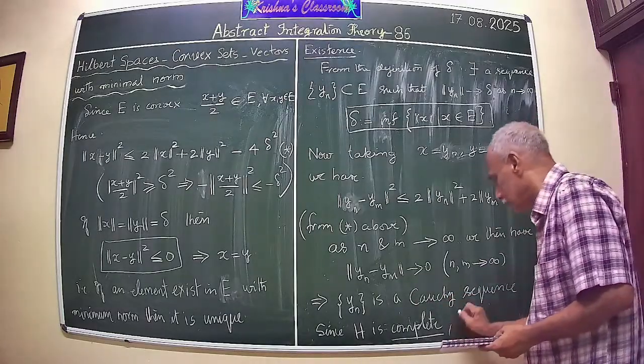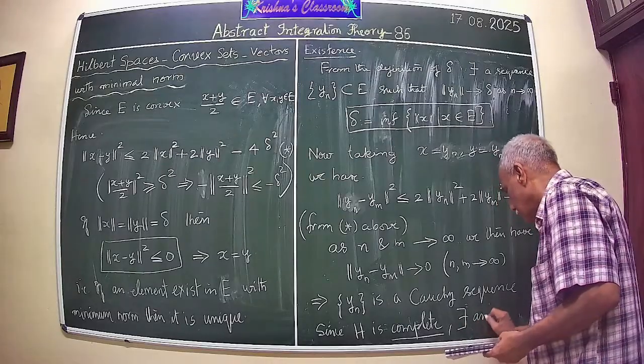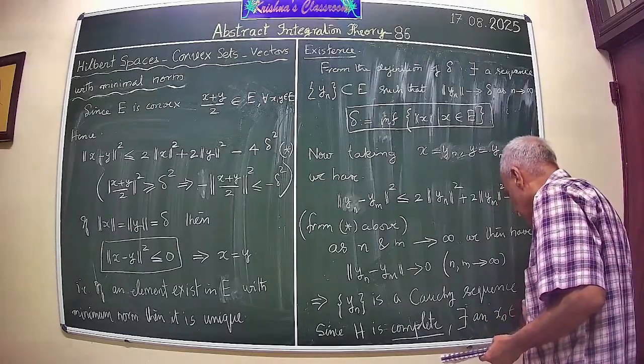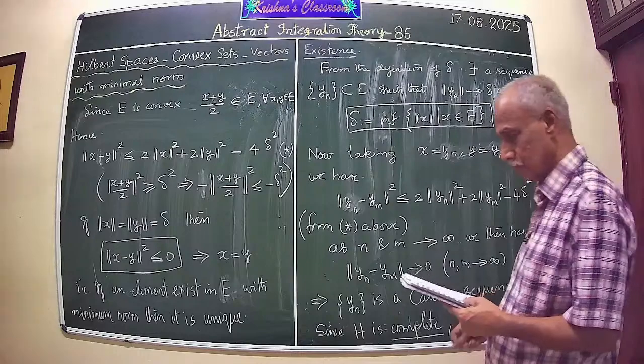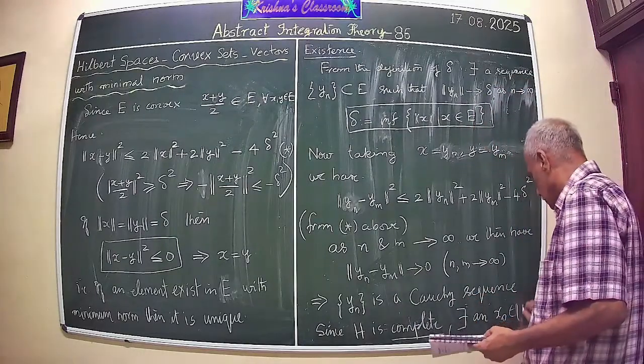There exists an X naught belonging to H such that Yn converges to X naught.